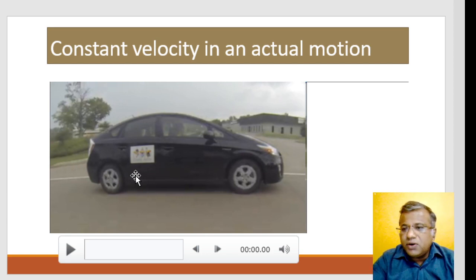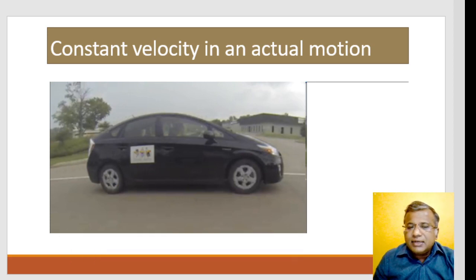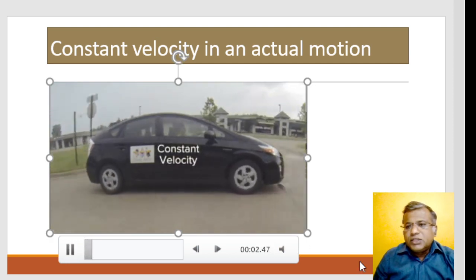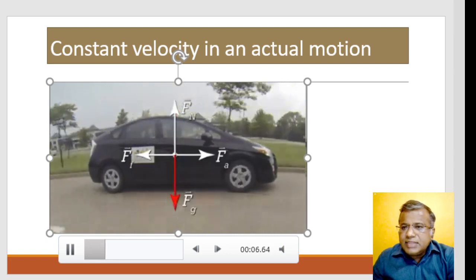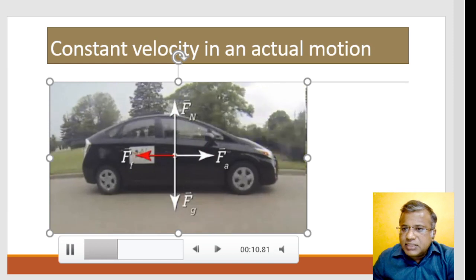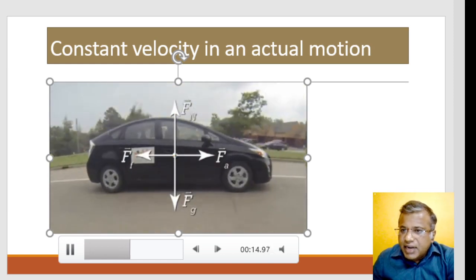Why should the engine be on? The reason is that there is an applied force on the car. This applied force is because of the engine, which is trying to push the car in the forward direction.